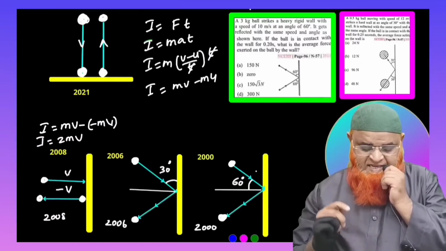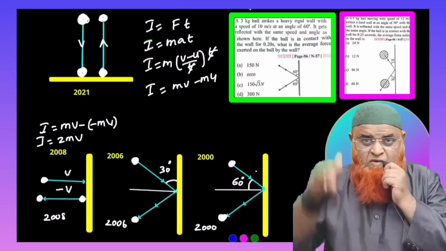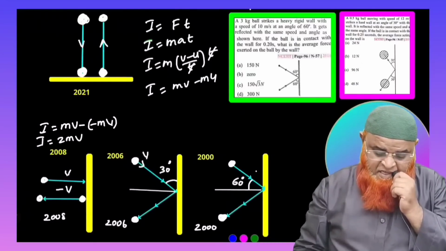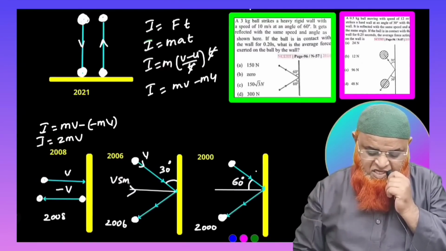In 2006, imagine that the ball makes 30 degrees with the wall. What is the component? If the ball hits the wall with velocity v, in the normal direction the component of velocity is v sine 30.